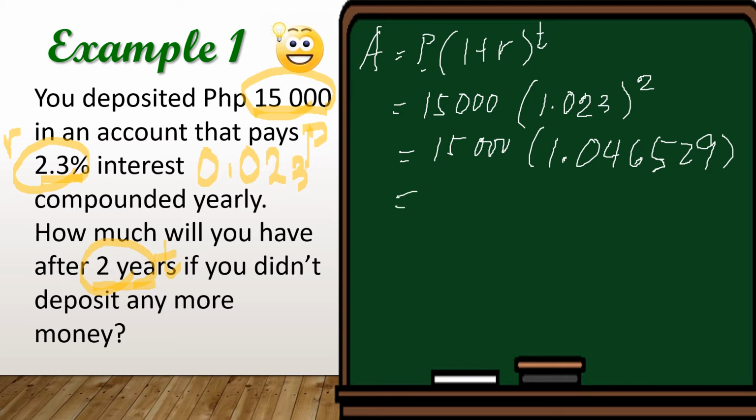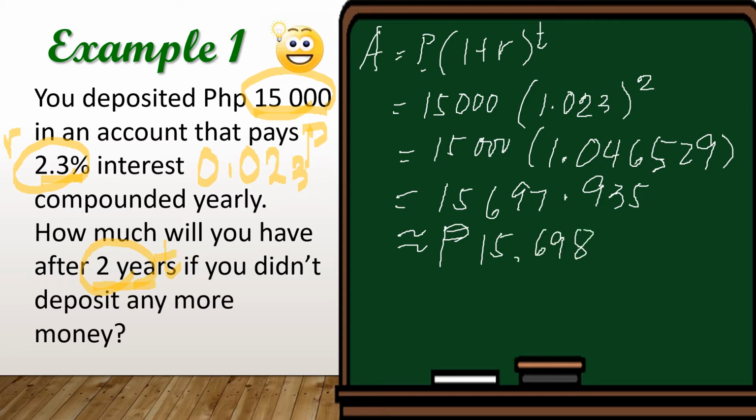I have here in my calculator 15,697.935. Now let's round this off to the nearest whole number, and this will become 15,698 pesos. So this will be the amount of your money after 2 years.